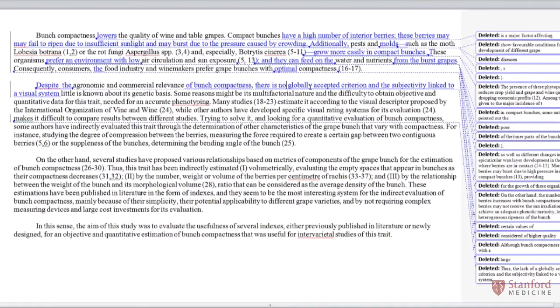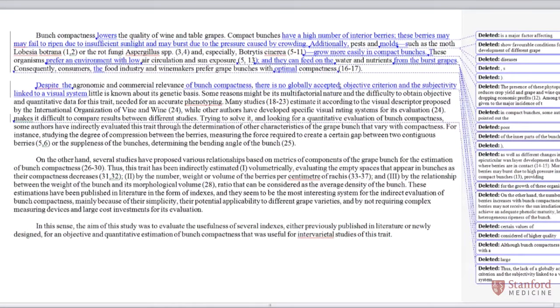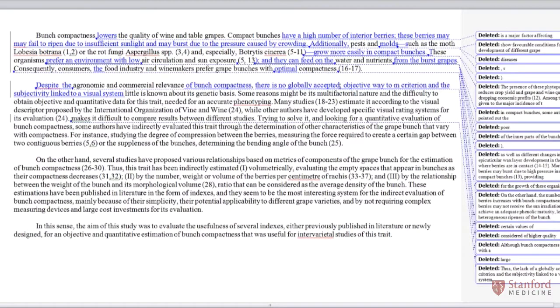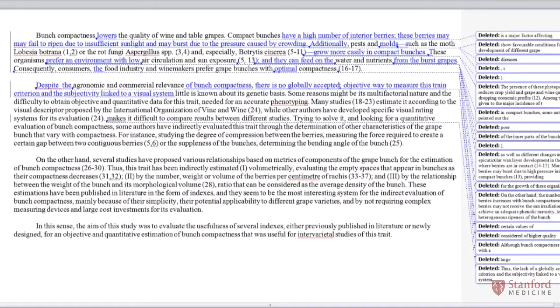Here's a use where I'm doing a there is, and I couldn't think of a better way to put it, so I just went with there is. Occasionally it's useful. There is no globally accepted objective way to measure this trait. I think that's the idea here, that we don't have a good system for measuring this trait.